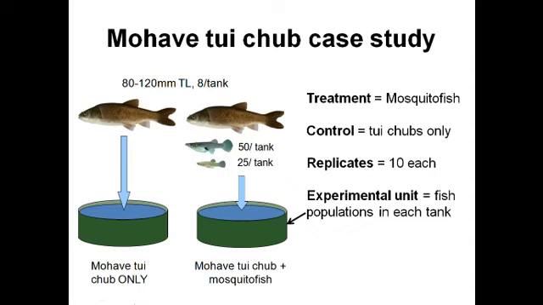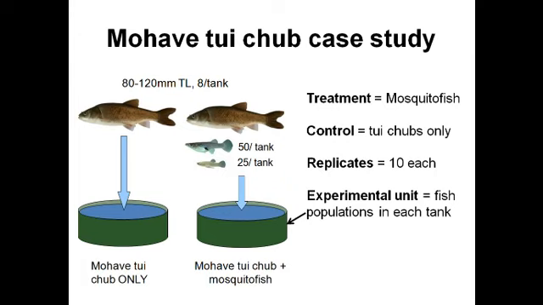And so I mentioned two groups, right? And you just can't do experiments with just one tank, right? One tank of tuichub only and one tank of tuichub and mosquito fish. You need to replicate your units, because there's always some variation in biological systems, right?